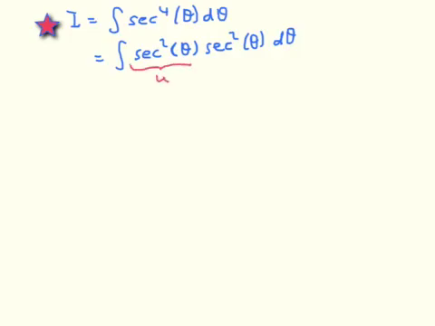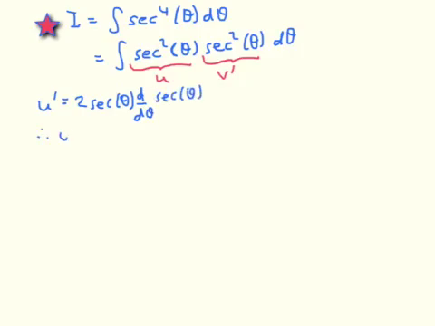Let's call this u and let's call this v prime, and the derivative u prime is going to be 2 sec theta multiplied by the derivative of sec theta. So all I'm doing here is using the chain rule, d by d theta of sec theta.